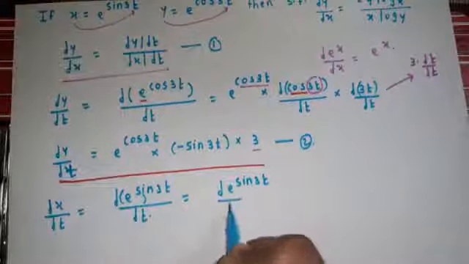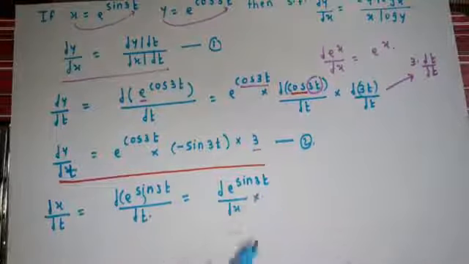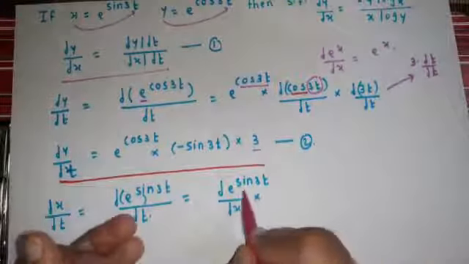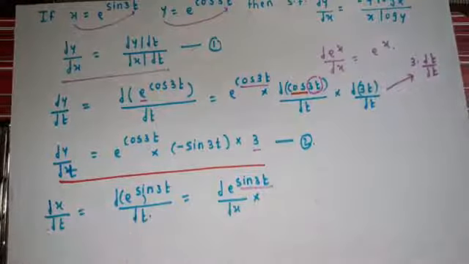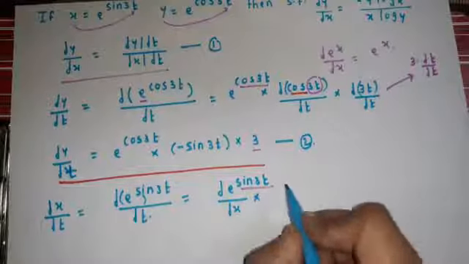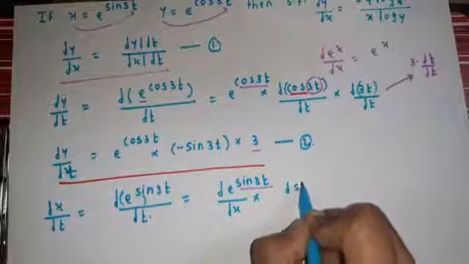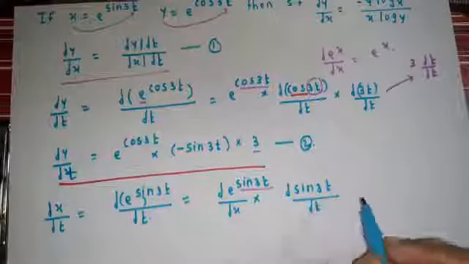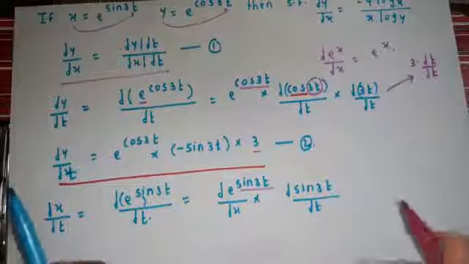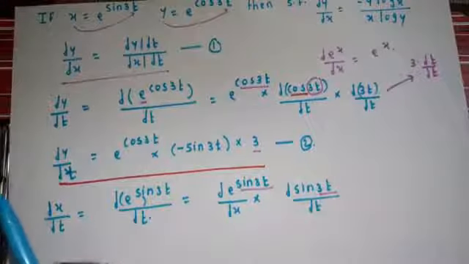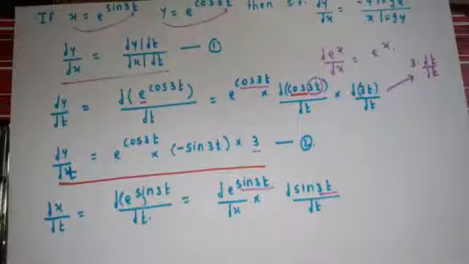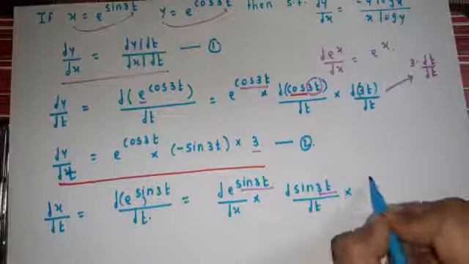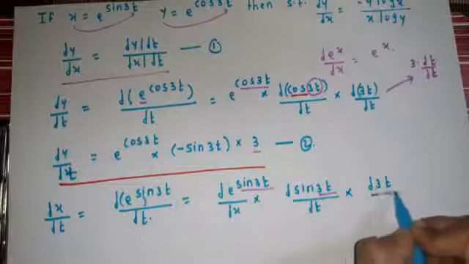But this exponential function is again a function of sine of 3t, which is again differentiable, and therefore again differentiate, into differentiation of sine of 3t with respect to t. Again this sine is a function of 3t, so again differentiate this, into differentiation of 3t with respect to t.